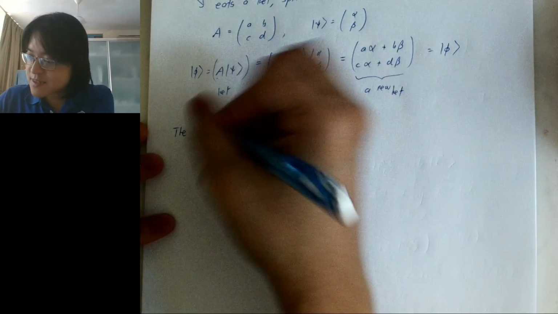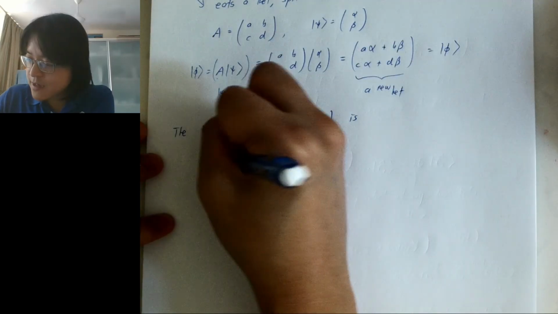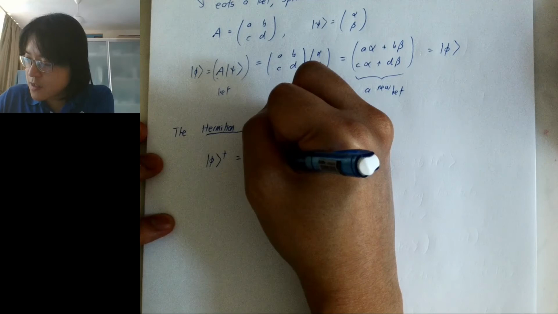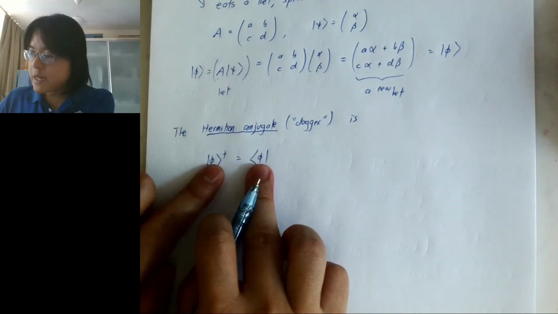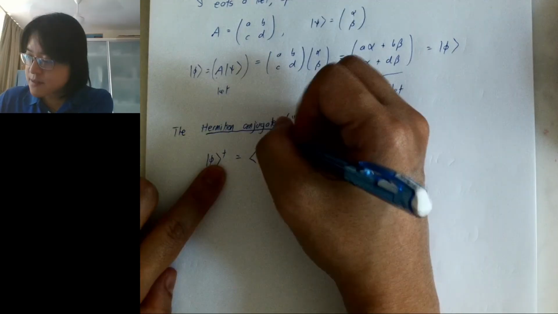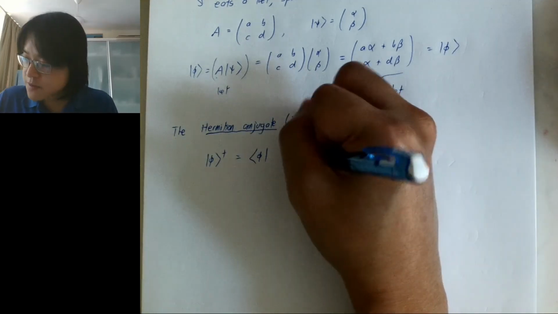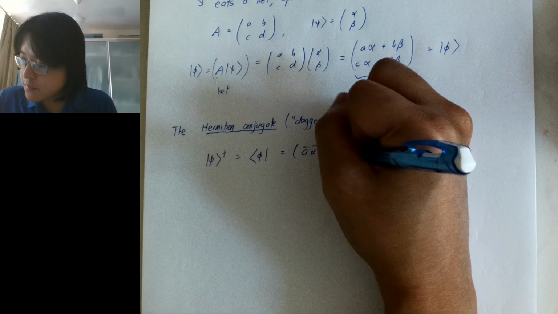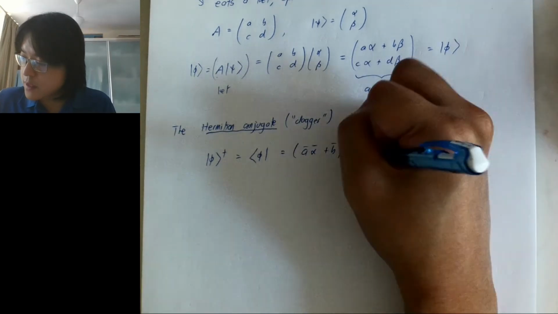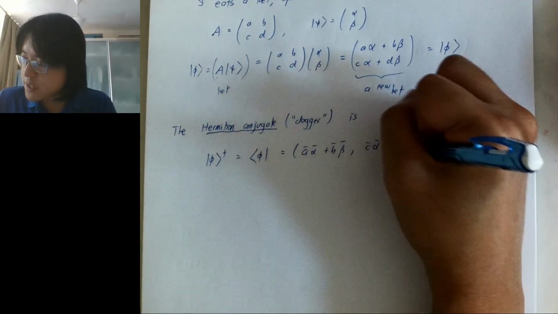Okay, so let's take the dagger. So I got this, right? But let's look at the result. It's basically the complex conjugate of everyone here, right? So it's A bar alpha bar plus B bar beta bar, and C bar alpha bar plus D bar beta bar.